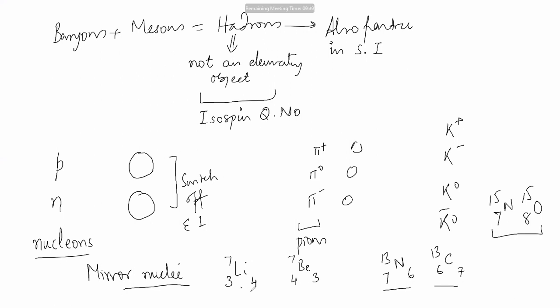Now, what is the difference between lithium and beryllium? One has 3 protons and another has 4 protons, and vice versa for the neutrons.